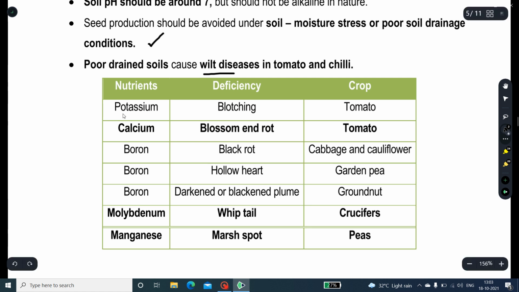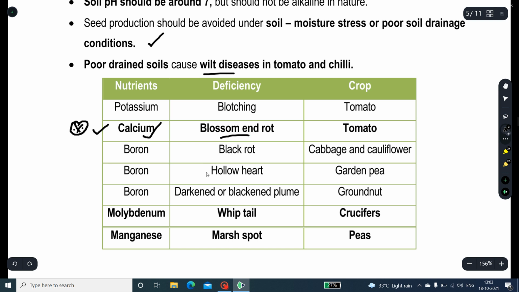So the nutrient potassium deficiency causes blotching in the case of tomato, and calcium, this point is very important from an exam point of view, and we may be aware of this question: blossom end rot in tomato is because of deficiency of calcium.